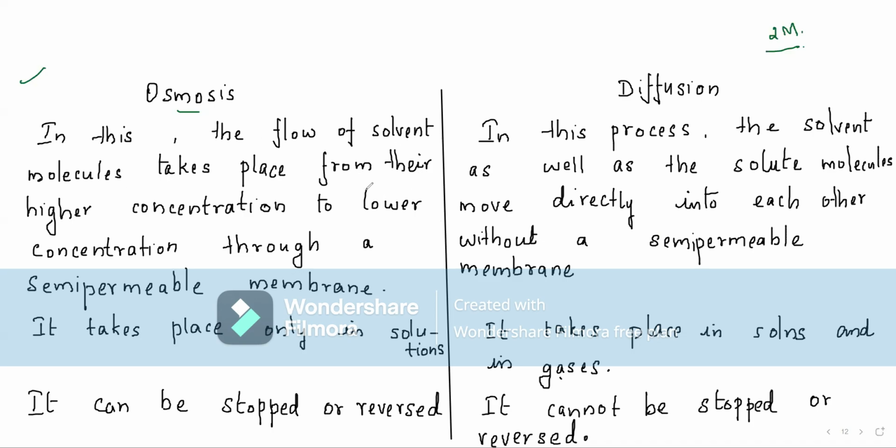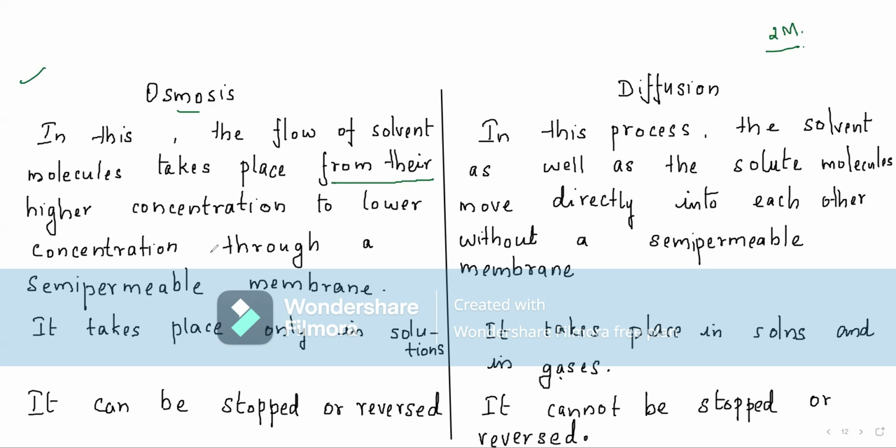So here I have written: flow of solvent molecules from their higher concentration. Solvent at a higher concentration, which is once again the dilute solution, to the lower concentration. Solvent is less in the concentrated solution.